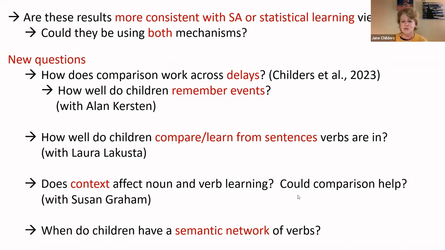We're also looking at how children compare or learn from sentences, and that's with Laura LaCosta, and looking at the effect of context. So what about context? Did it matter that it was a kitchen in a park? If you see something in a kitchen over and over, does that help you compare because you're in the kitchen? That's what we're working on.